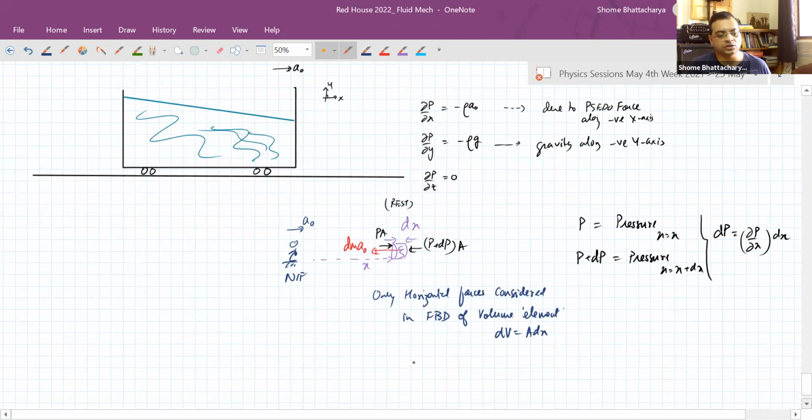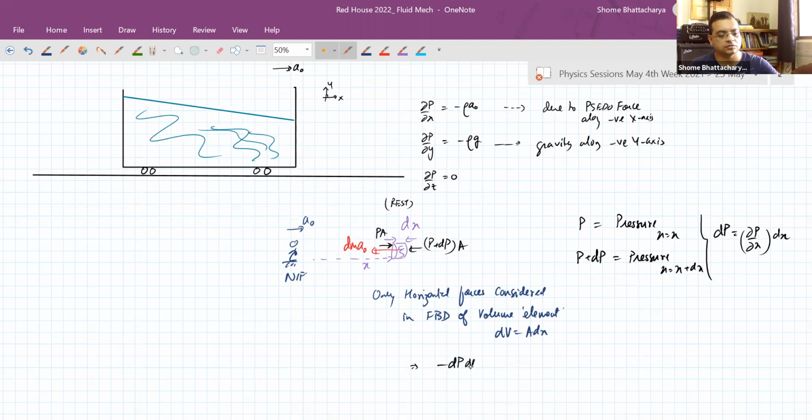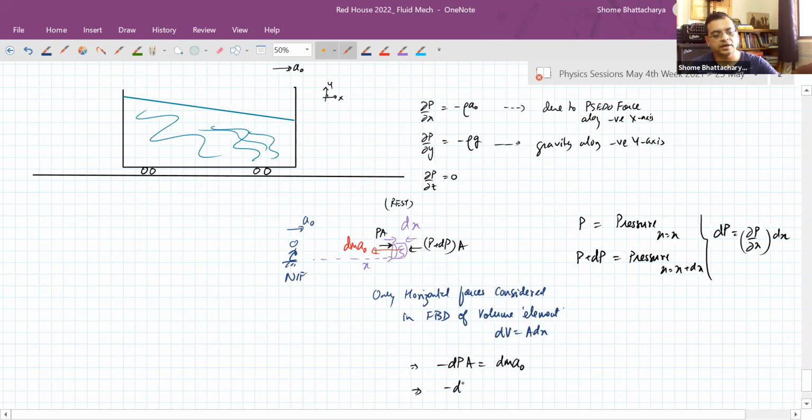So balancing of the forces will show us here that minus dP into A will be equal to the pseudo force. So minus dP into A will be minus rho A dx, that's the mass, into a naught. So dP is equal to minus rho a naught into dx.